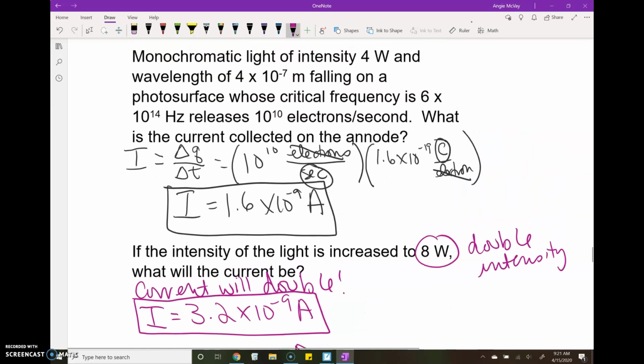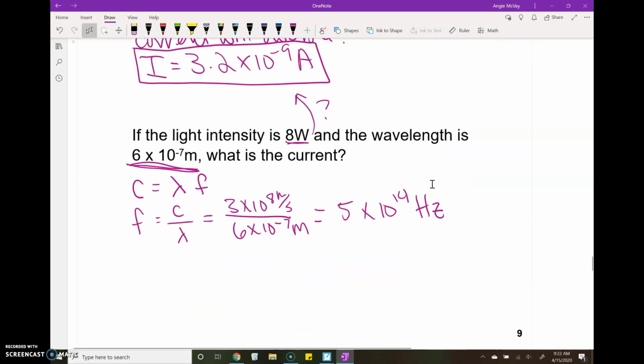Here, in the original description of our problem, it says the critical frequency is 6 times 10 to the 14 hertz. So what are we seeing here? We're seeing that even though the power, the intensity of light, is 8 watts, it doesn't really matter, because this frequency is less than the critical frequency.